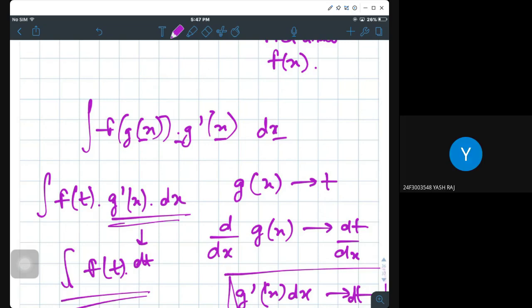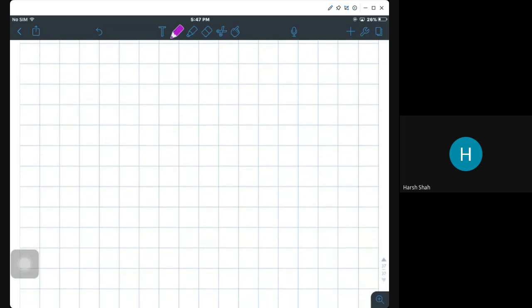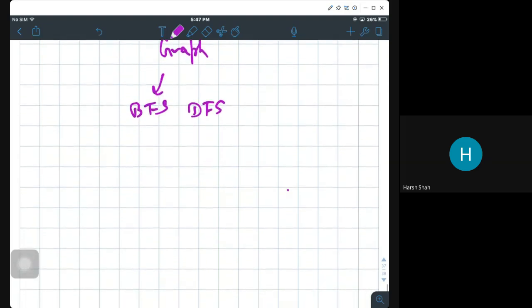Then we come to graph theory. I'll only discuss some important things. If you have specific doubts, you can ask them, or I'll discuss BFS. The main sums, like Riemann sums, are not that important.